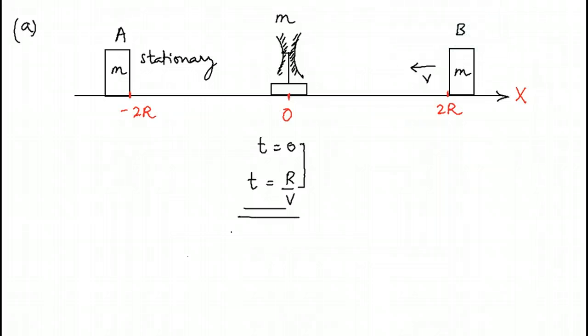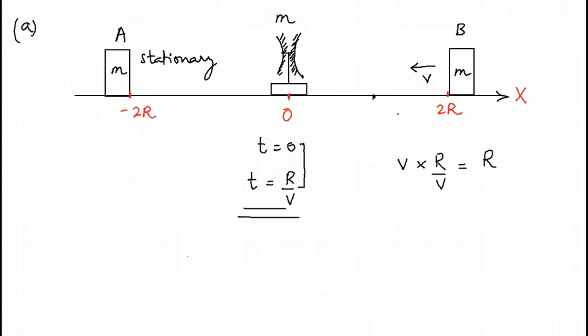Now clearly, in this time interval, the displacement of block B is going to be its velocity multiplied by the time interval, which is r divided by v. In other words, it's r. So this means that block B will move a distance r towards the left, and it would arrive somewhere around here.